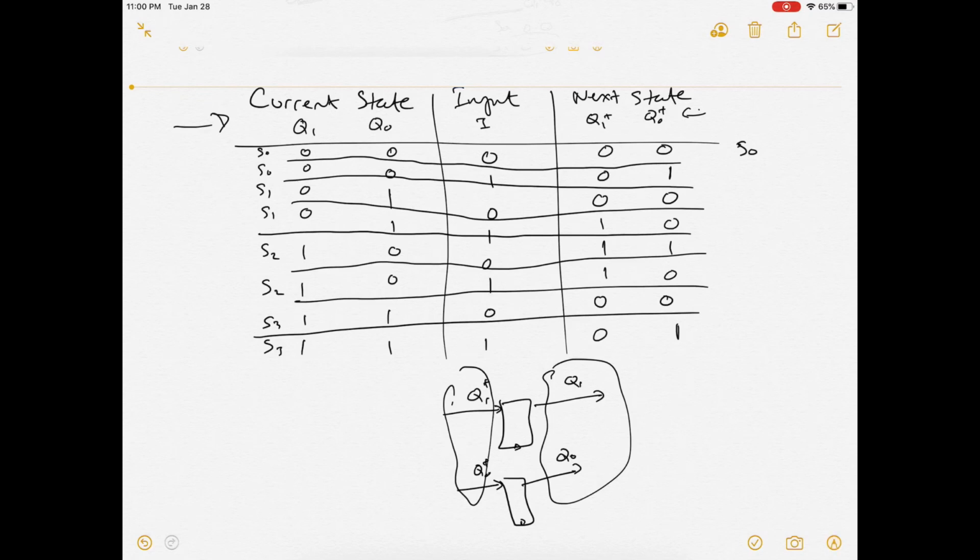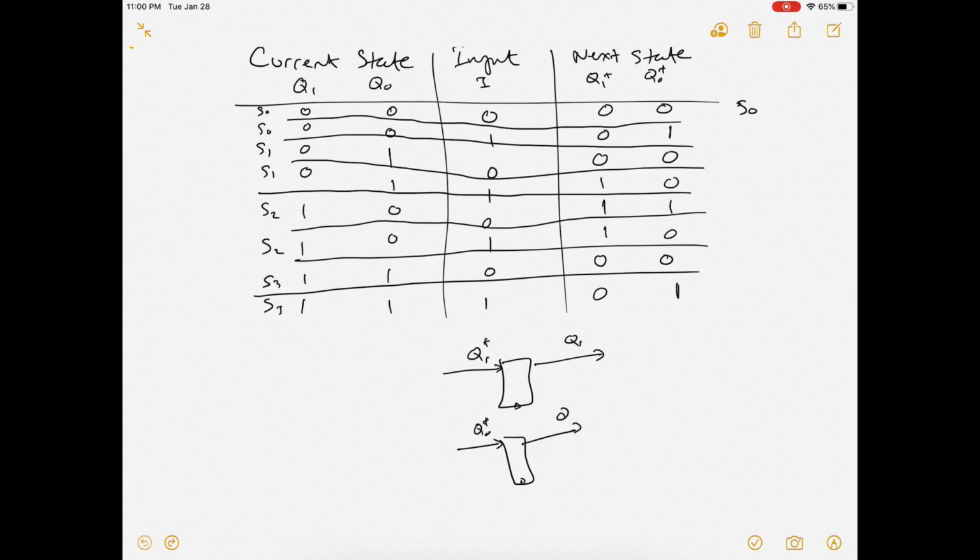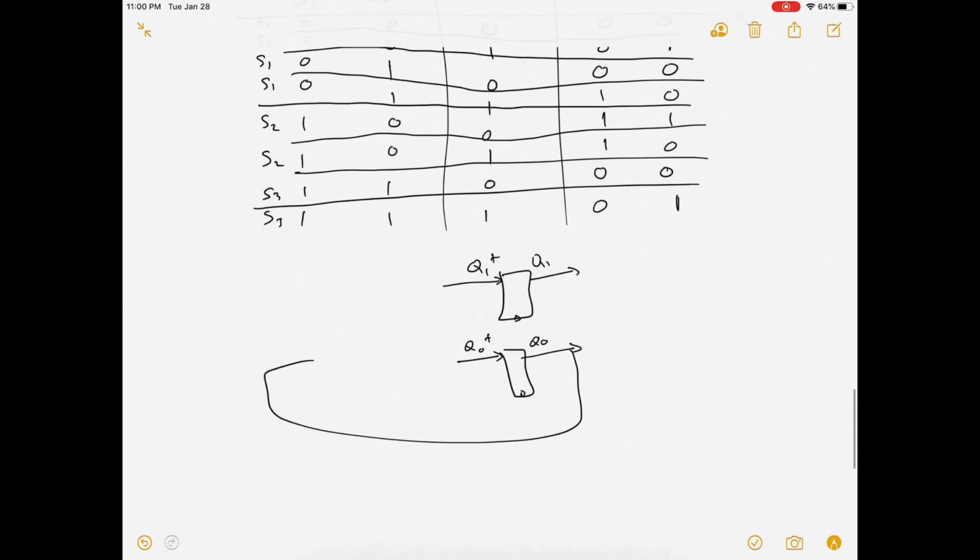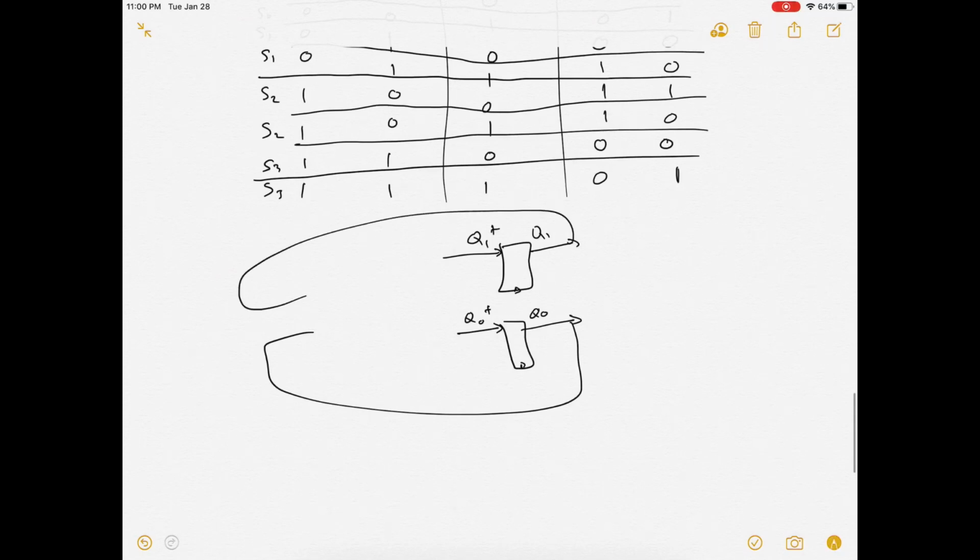So in other words, what we need here is that our circuit will actually, we don't usually draw the wires this way, but after we have these outputs, which represent the current states, Q1 and Q0, they are going to come all the way back here. And now we're going to design what's inside here.